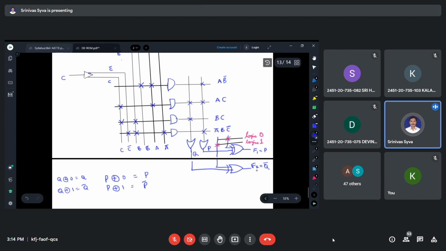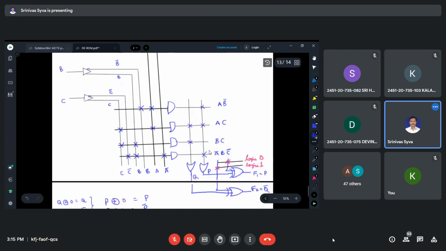This is general. So this fact is being used here to obtain the final function in the normal form or in the complement form.